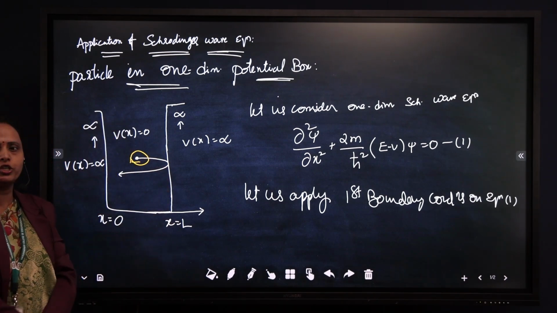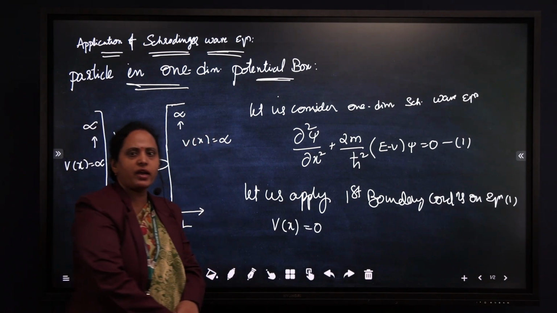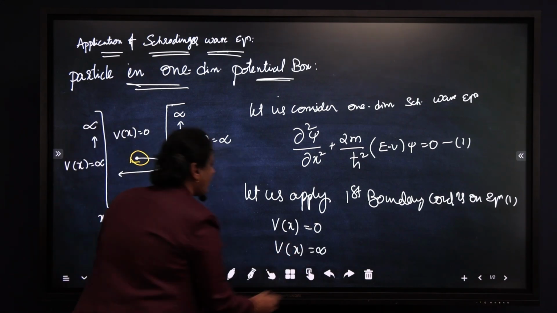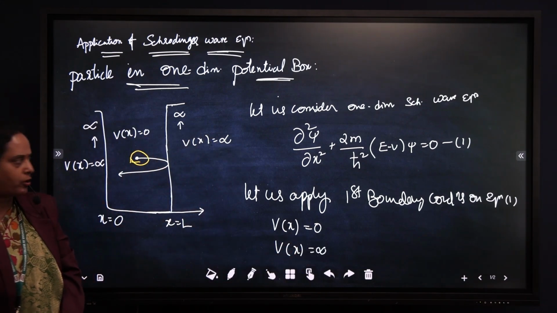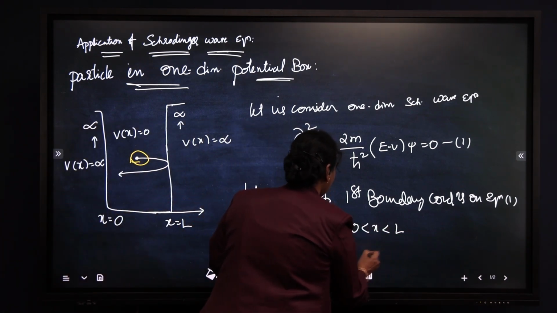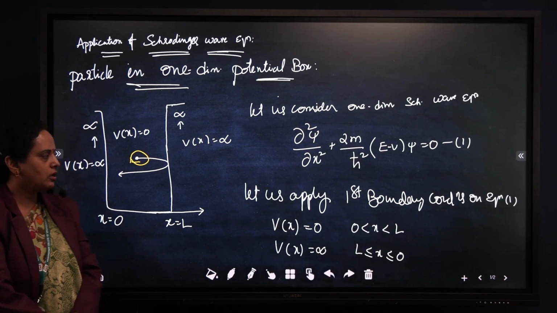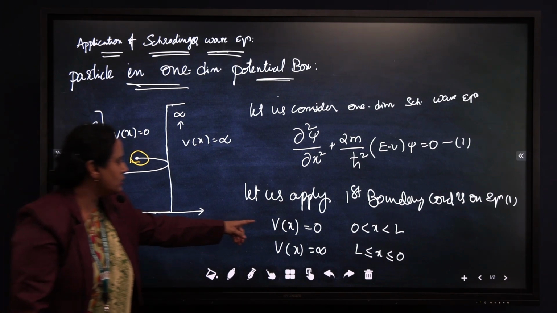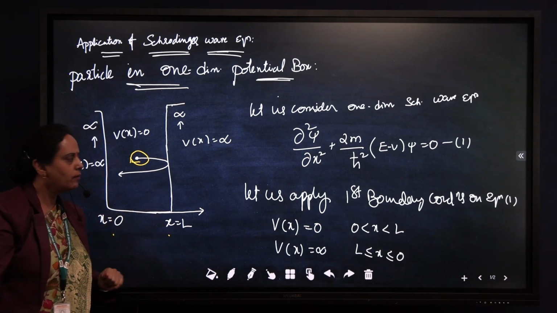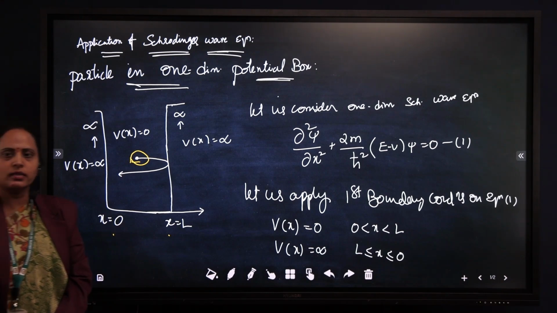For this one-dimensional potential box, the first boundary conditions are V of x equals 0 inside the box, that is 0 less than x less than L, and V of x equals infinity outside the box, that is L less than x less than 0.